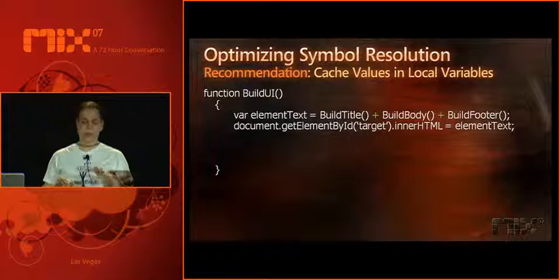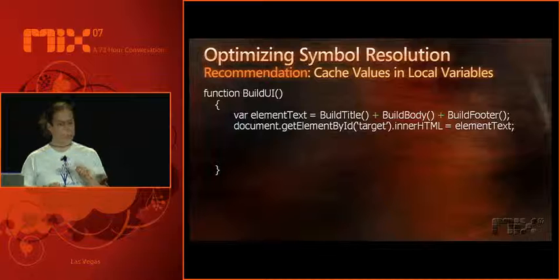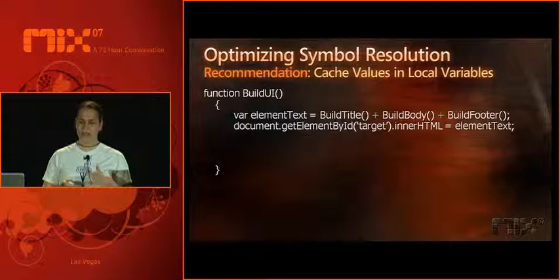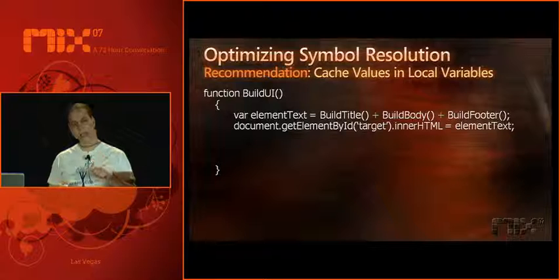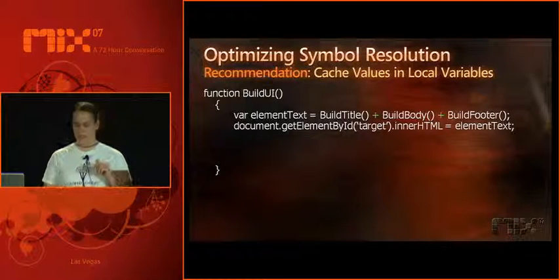Now, there is some problem with concatenation here, but I'll talk about how to improve concatenation. For the most part, this is much more performant because I'm using local variables and doing a single DOM assignment rather than 6 or 7 in the previous example, as you can see.